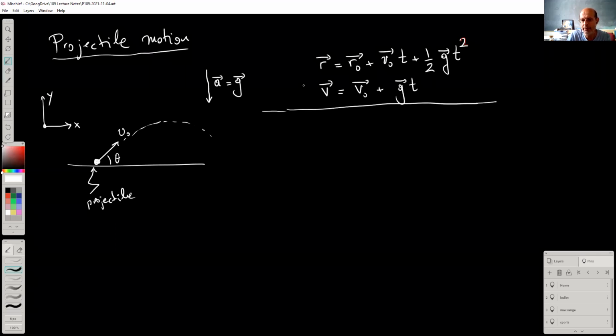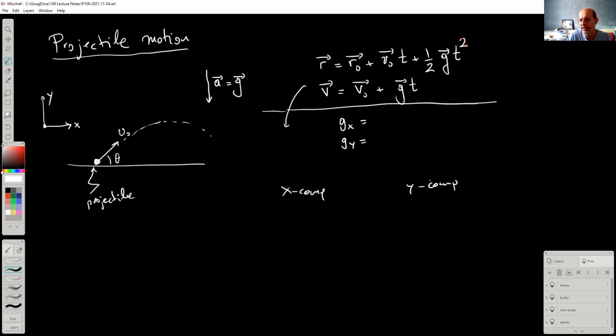As a result, the same equations can be written in the x direction and the y direction. I can write down the x component of the equations and the y component. For each of these vectors, I'm going to take its x components and y components.